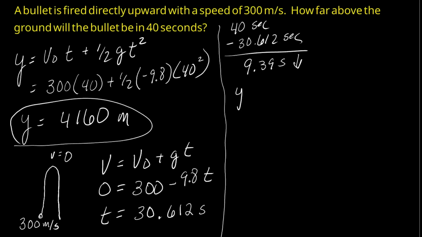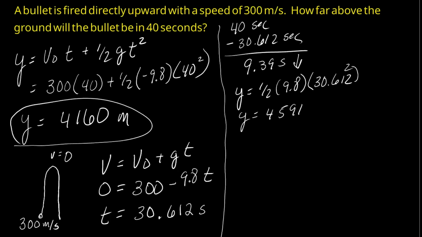So I could say y equals 1/2 9.8 times the total time in the air. The total time in the air going upward was 30.612. So that means at the apex, it will have gone 4591 meters. This is at the apex, or at the top.